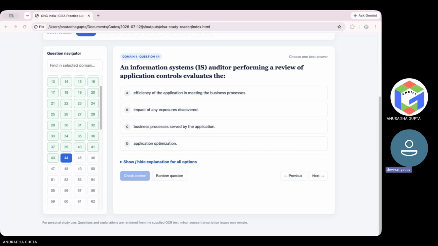Efficiency of the application, impact of any business process, application optimization, application control, performing application control.